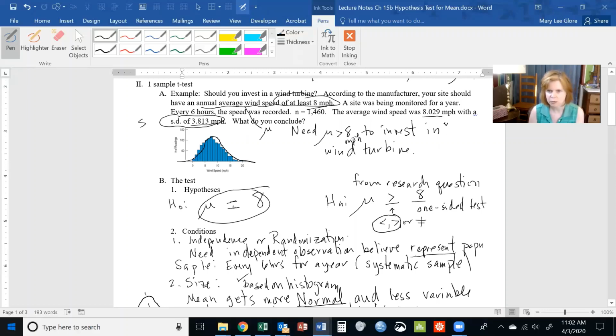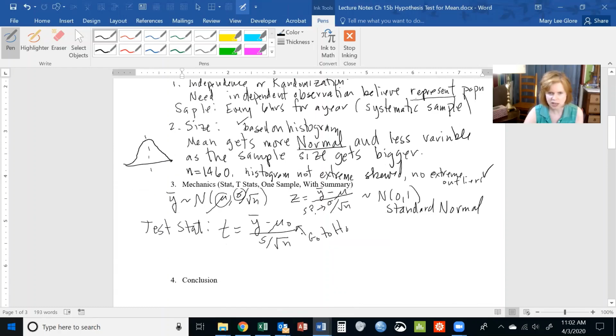Here's what happened: Y bar is 8.029. If the mean is 8 and not bigger than 8, is 8.029 unusual? So we calculate that probability. That's the p-value. The p-value depends on the null being true, so when we come up with our test statistic, we use the mean from H0.